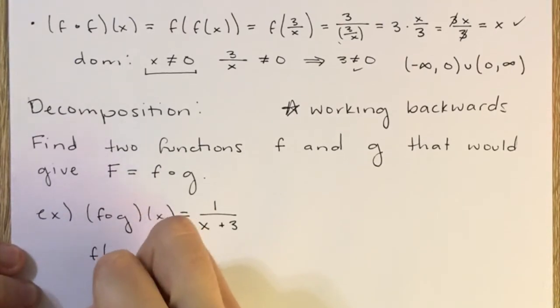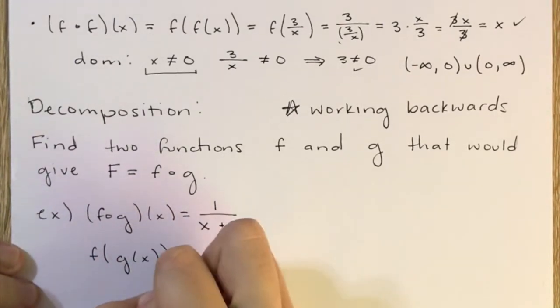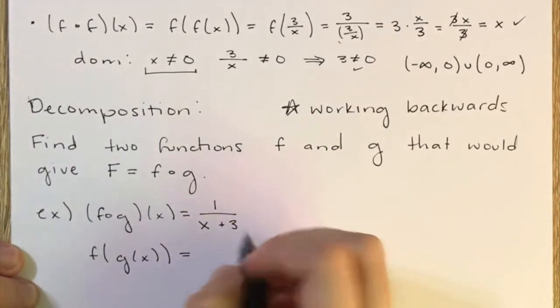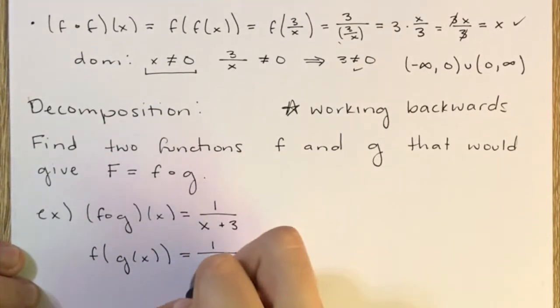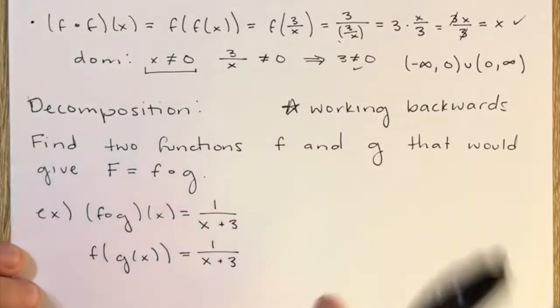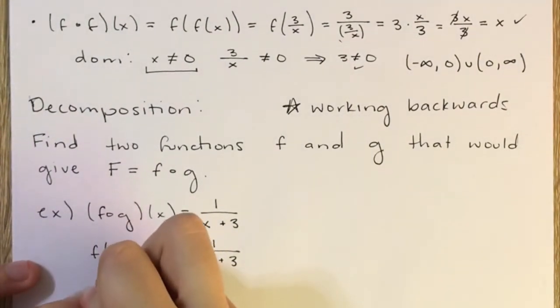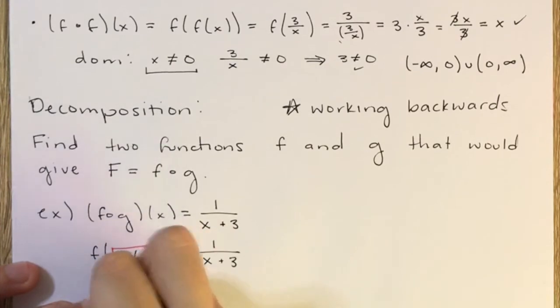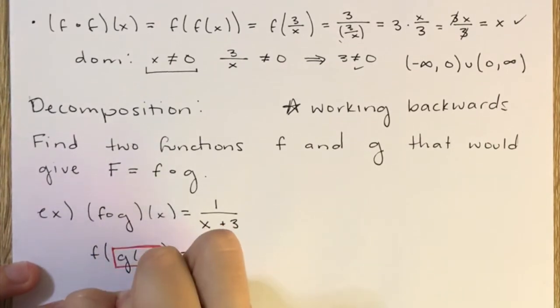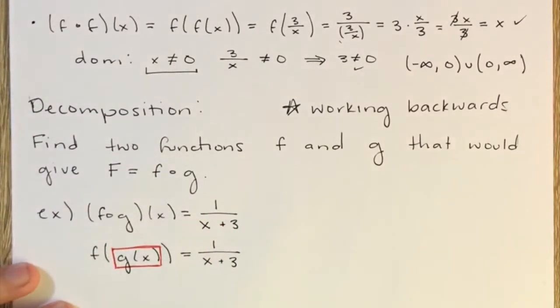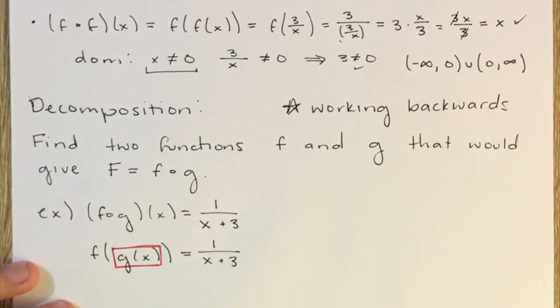I like to write f of g of x, or whatever the terms are that we're using. Rewriting it like this, and saying, okay, I'm going to box off g of x. I'm going to box off my inside function. I'm using the color red for that now.